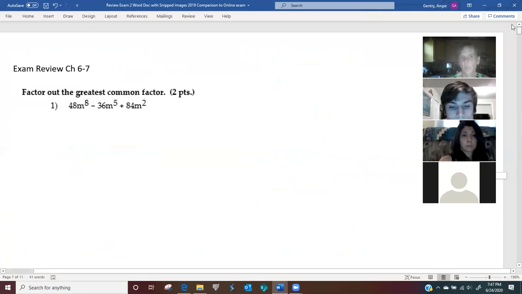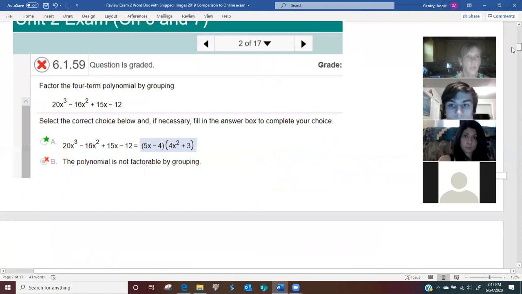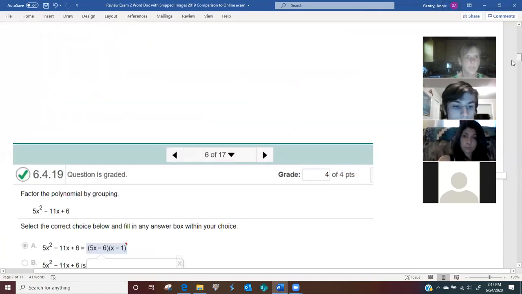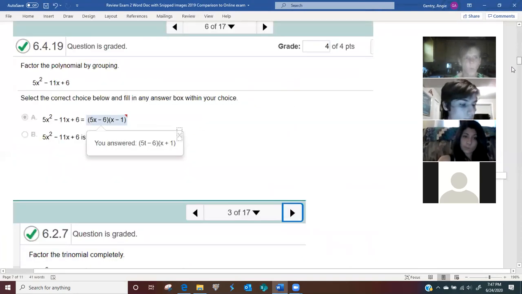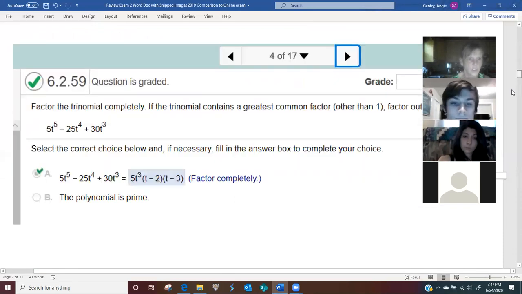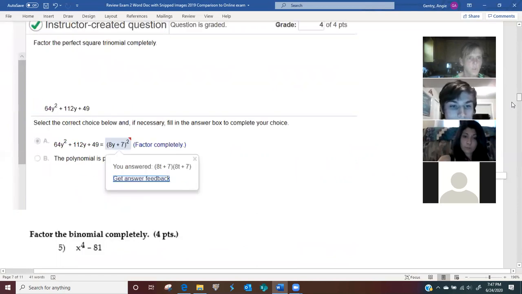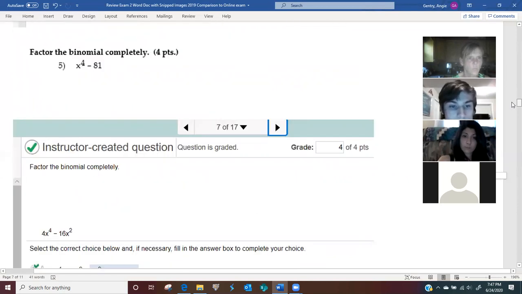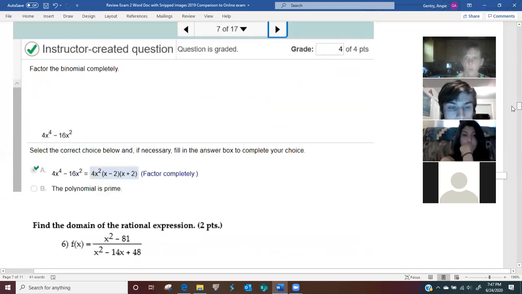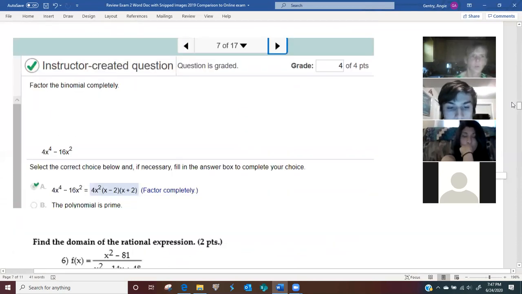So this is where I grabbed stuff from. There might be some factoring, I think we've done this before: factor the binomial completely. We did this here, didn't we? Like where you factor a difference of squares here.